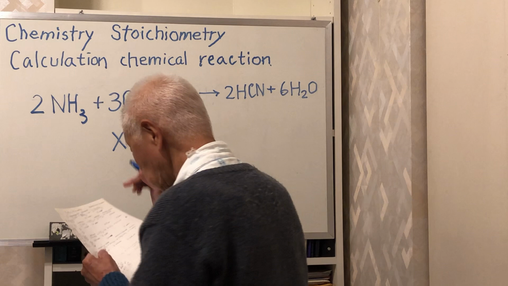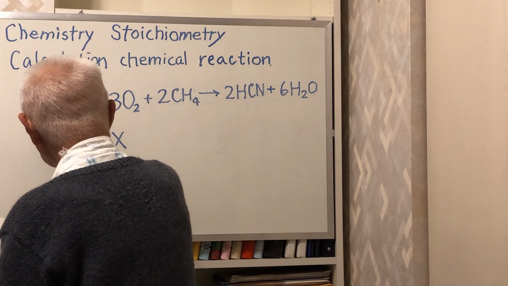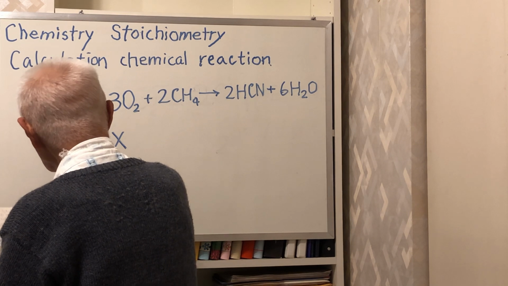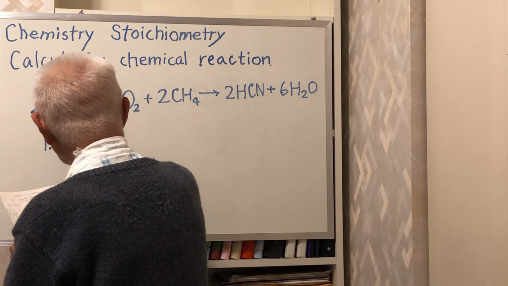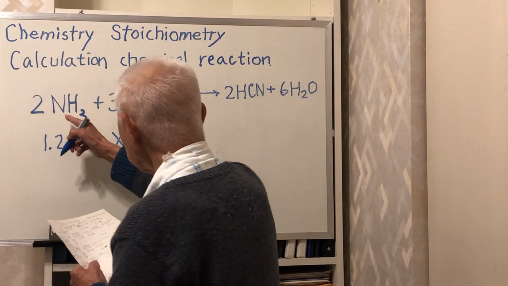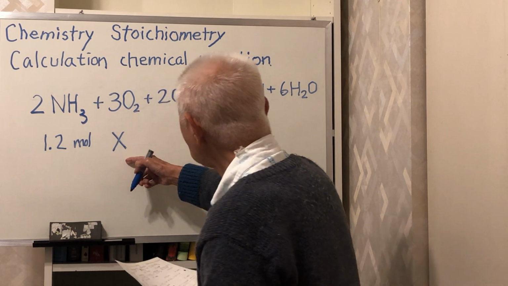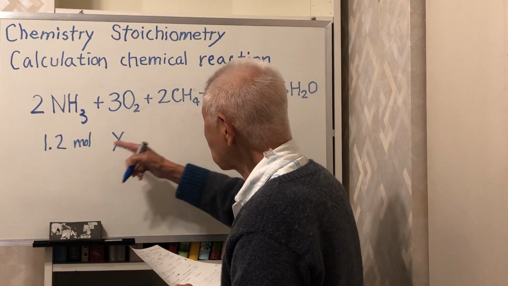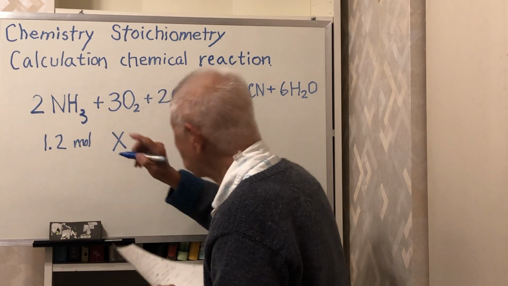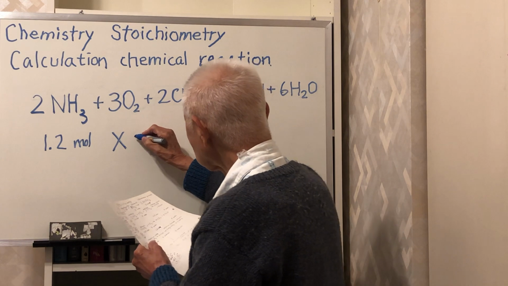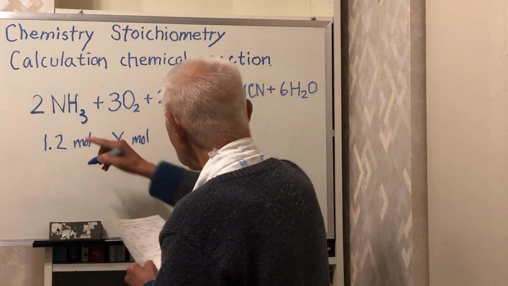And I have 1.2 moles of ammonia. Then how many moles of oxygen do I need to react with this much ammonia? How many moles of this?